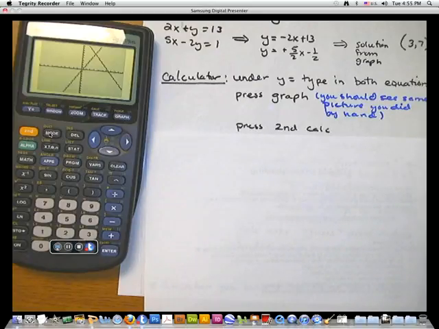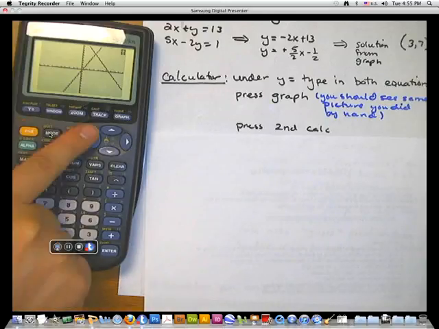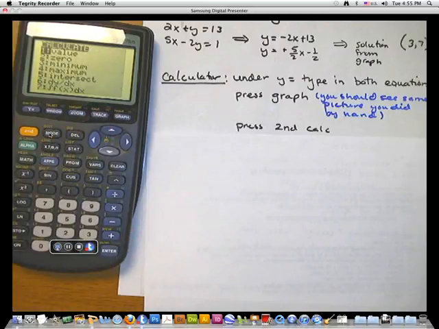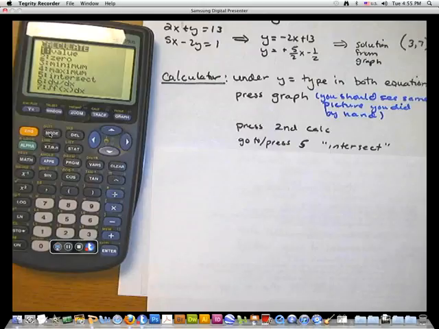So now we're actually going to find that intersection that we did yesterday by hand. We hit second and calculate, which is above trace. We want to choose the intersect option because we have two lines and they intersect. So press second calculate. We're going to go to option number 5, either arrow down or press 5.